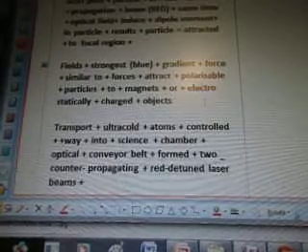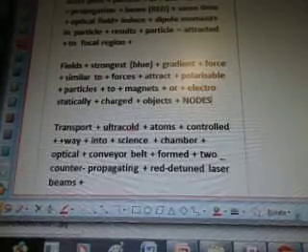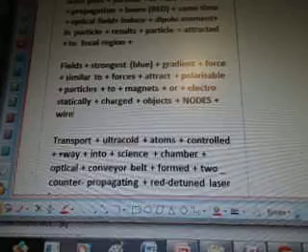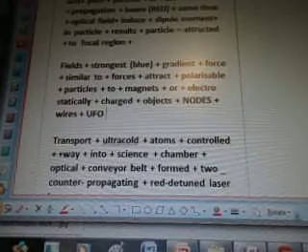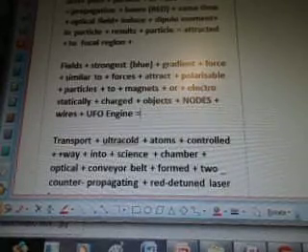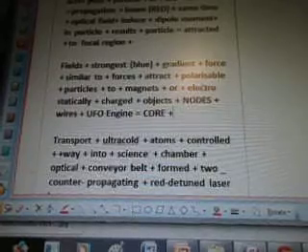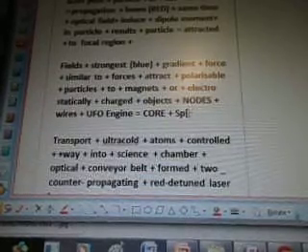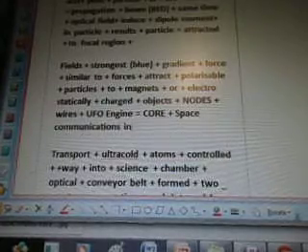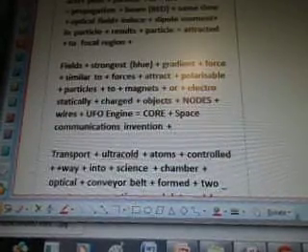So we're going to add this to the nodes and the wires in the UFO engine, which is called the core. This will be used for space communications invention. Okay.